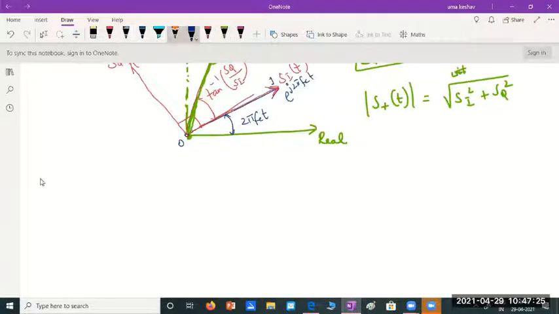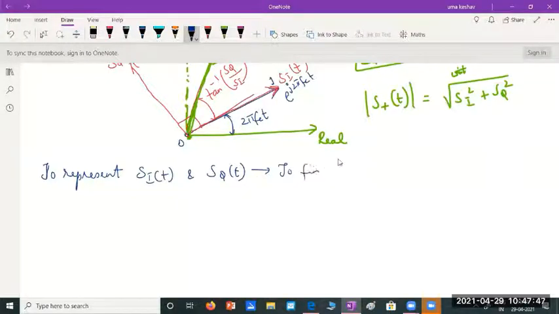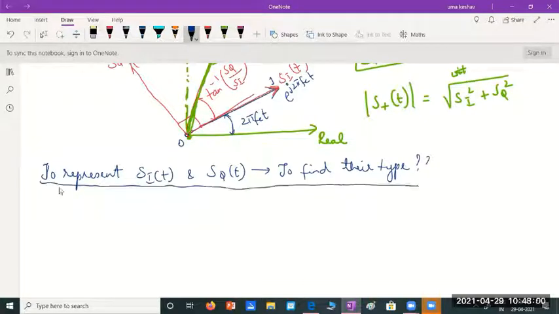Okay. Next, to represent Si of t and Sq of t, to find what type of signals these are, whether Si and Sq will be band pass or low pass, let's try to find Si and Sq.